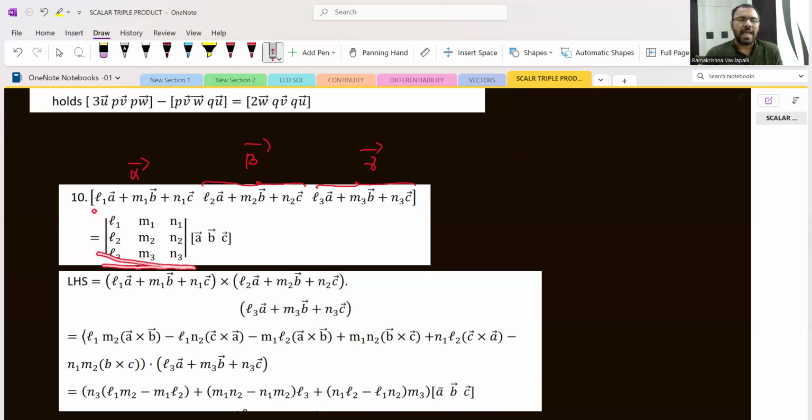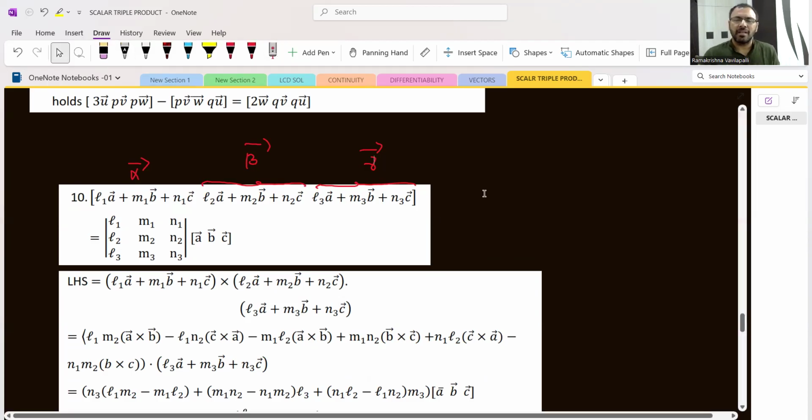So this is nothing but determinant of all scalar components L1, M1, N1. These are the scalar components of first vector, right? And next, the second vector: what are the scalar components? L2, M2, N2. Next, L3, M3, N3. That into box ABC. The proof is quite simple. You have to apply a brute force method, just applying the cross product of two vectors and taking dot with the third vector.